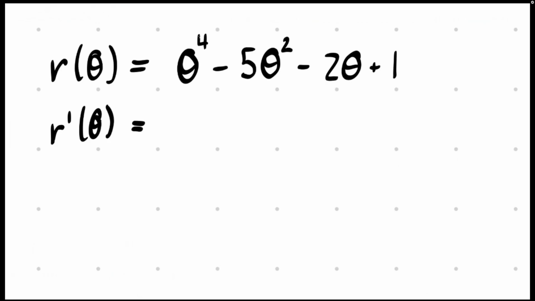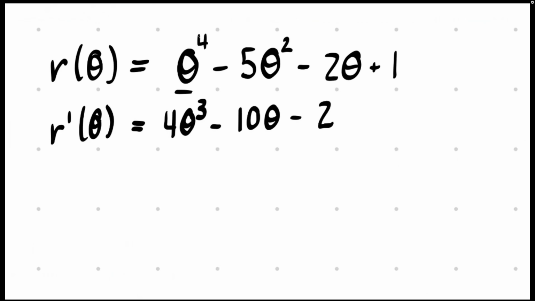We would just follow the same power rule. So we would do this first term first. That would give us 4 theta cubed minus our next term. Carry that minus sign over from the top. 10 theta. And then carry the minus sign, minus 2.